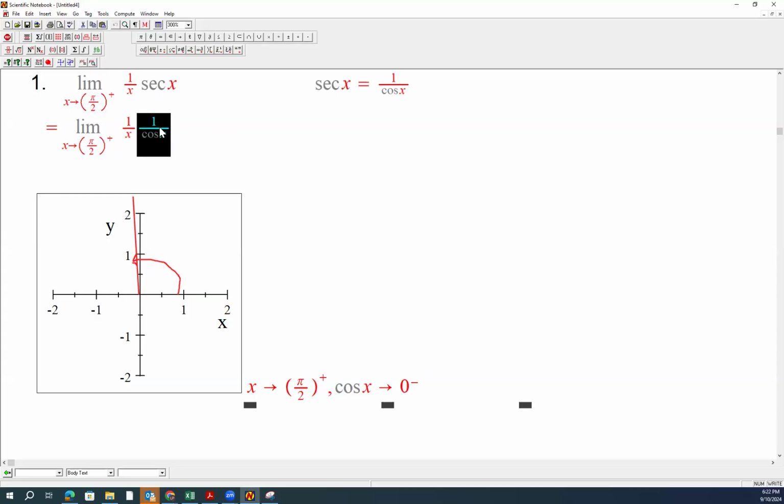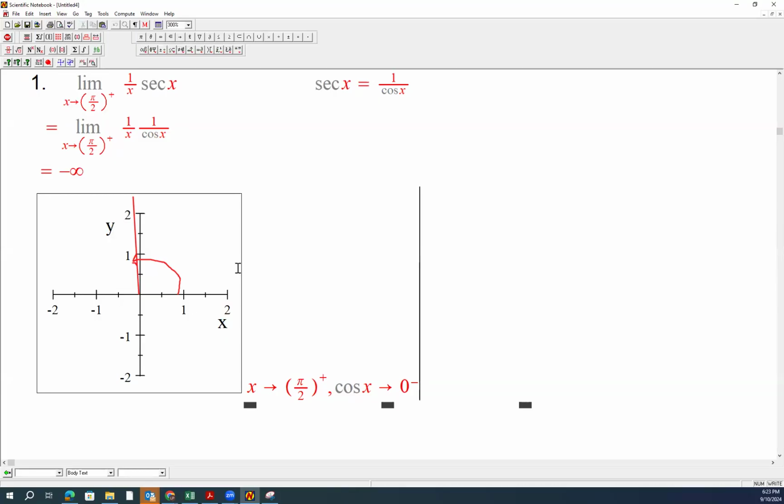So 1 over a negative number which is very close to zero is going to approach negative infinity, and that other piece is going to approach a constant number, because x is approaching pi over 2 from larger than pi over 2. So overall, this is going to be negative infinity, if that makes sense to you.